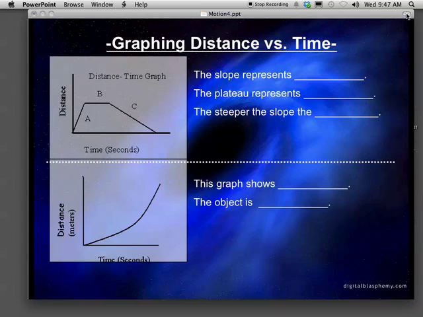Is it moving at a constant speed? We don't know. We do know at B it is. Why, Kimberly? It's a straight line. Therefore, it's covering the same distance for each time interval. It's moving at a constant speed.